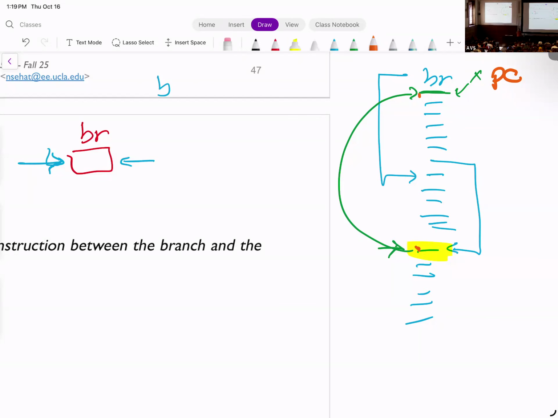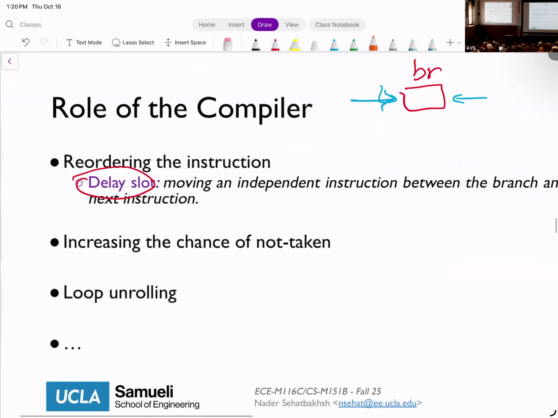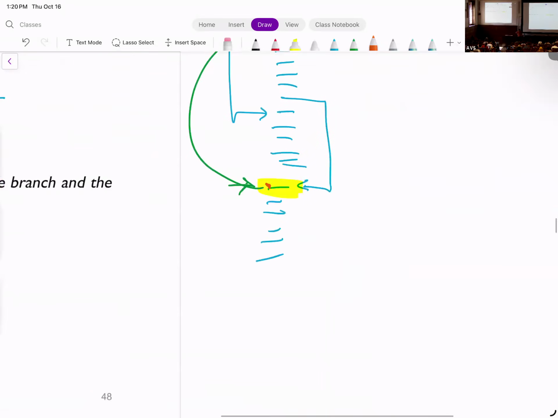You need to also change the microarchitecture as well. So the question is, how do you tell the PC not to flush that instruction? So again, there will be some flags from the compiler that this is not flushable or is flushable. Yes, so the compiler has that knowledge.